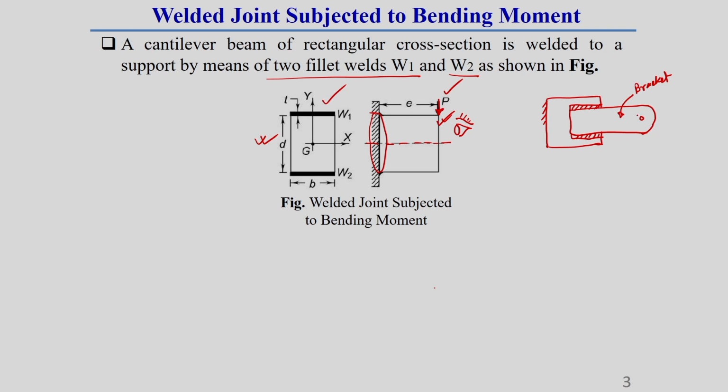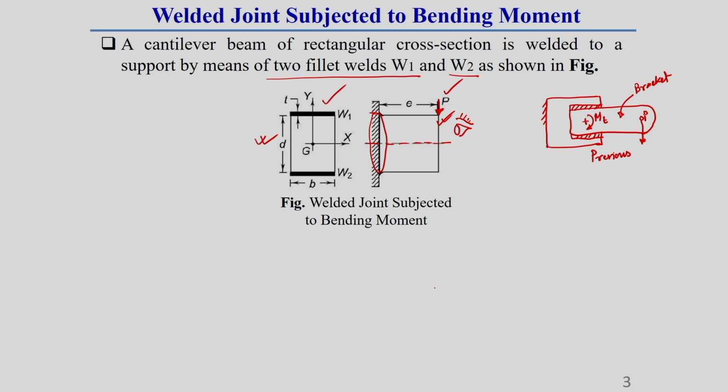But in the previous case, due to replacing the force P in the case of eccentric loading in the same weld plane, the moment that developed was a torsional moment.